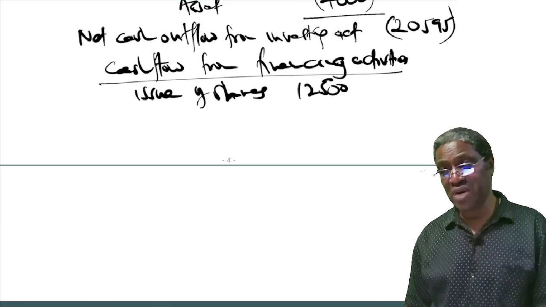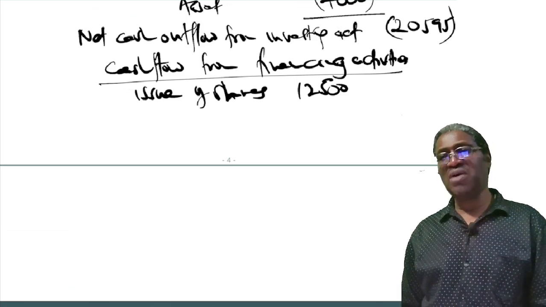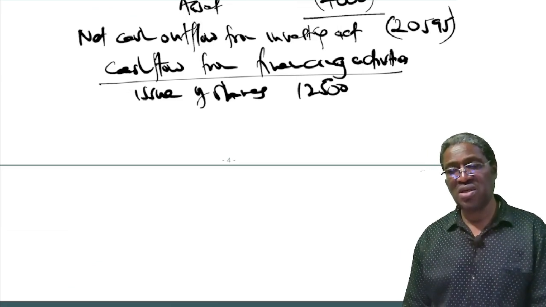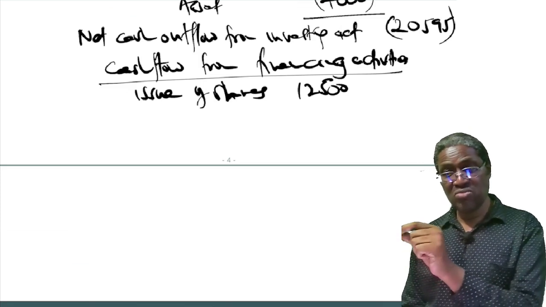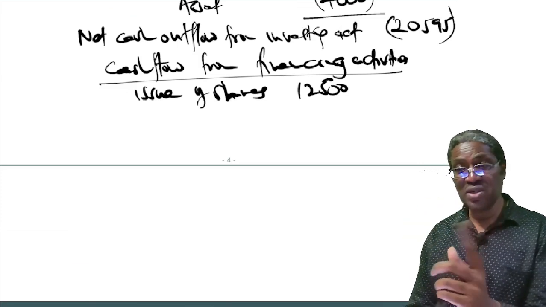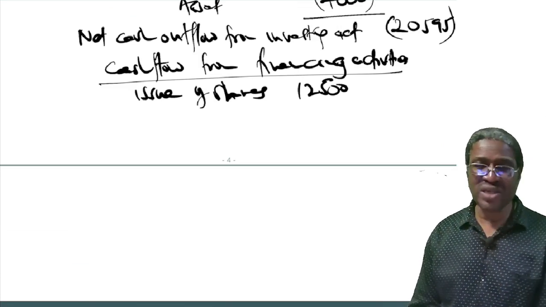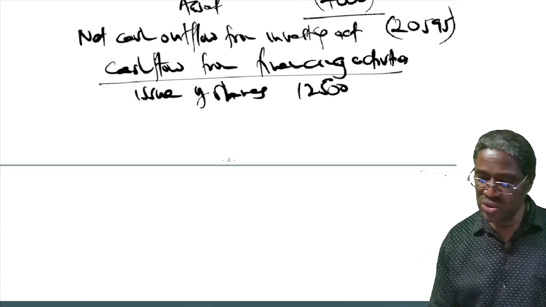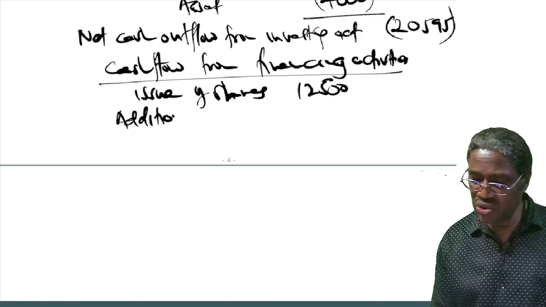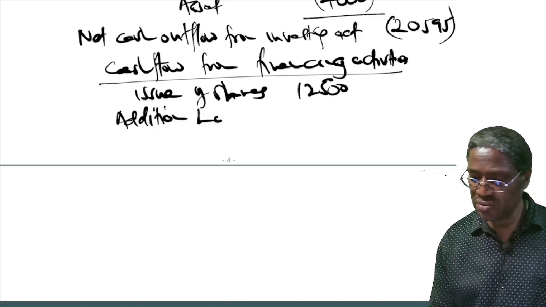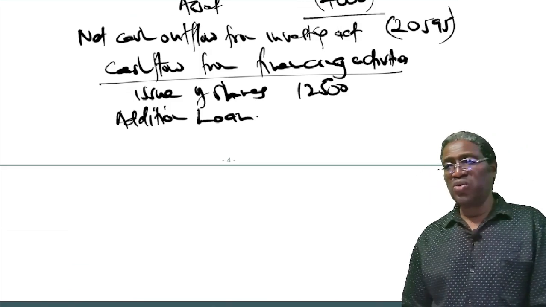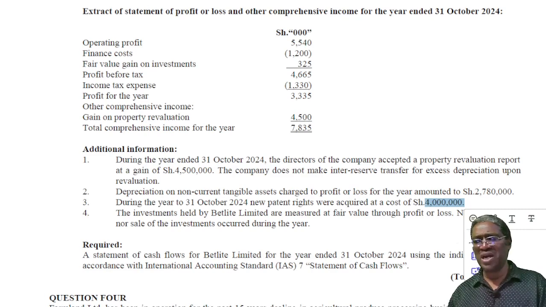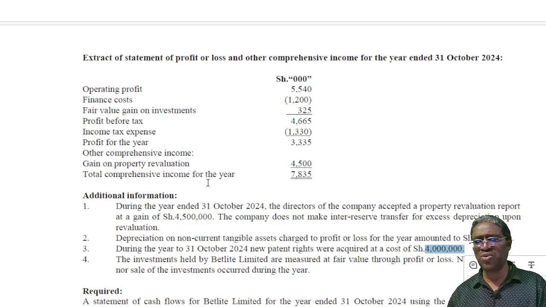Then you also remember that we said you don't have to analyze the account of long-term borrowings, because we saw the loan was increasing, and so we concluded there must have been some additional loan. We can just go back to the balance sheet and see by how much we increased our loan.